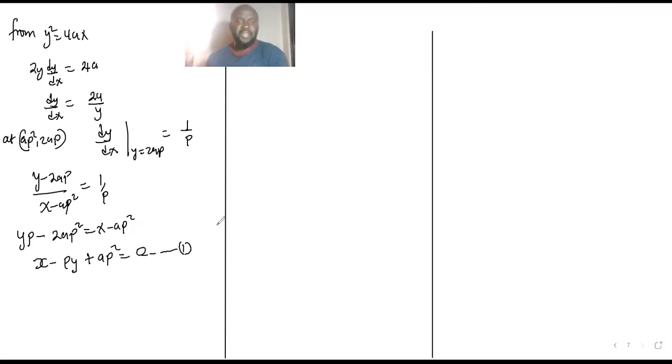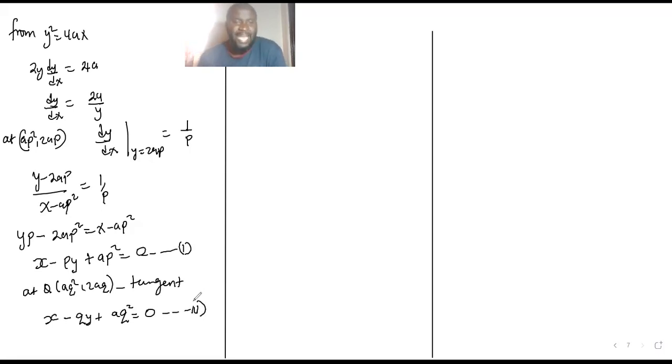So since I've already done that, consequently, I can reduce the second one. So at Q, (aq squared, 2aq), the tangent is going to be x minus qy plus aq squared is equal to 0. This is equation 2.